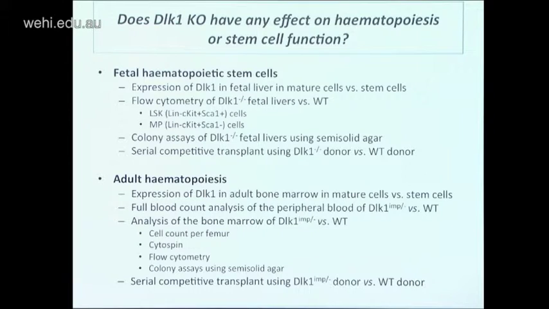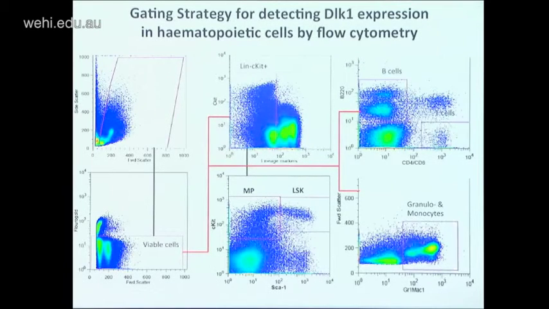And very similar approaches in the adult hematopoiesis, but using, as I've said before, the imprinted knockout mice instead of the homozygous knockout. So first of all, looking at the fetal hematopoiesis, I've used a lot of flow cytometry, so I'm just going to show you an example of gating strategy.